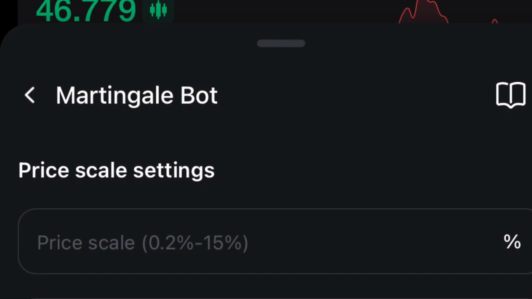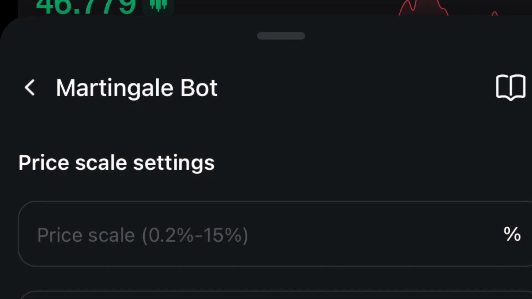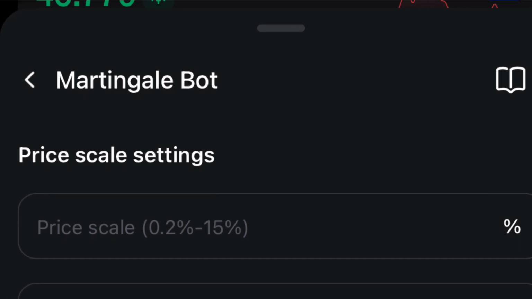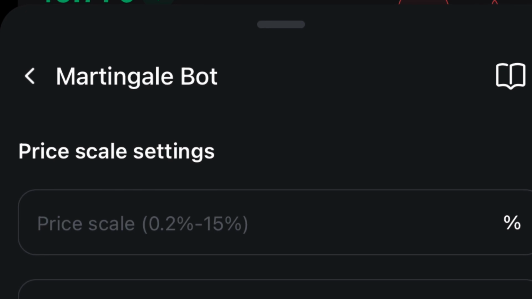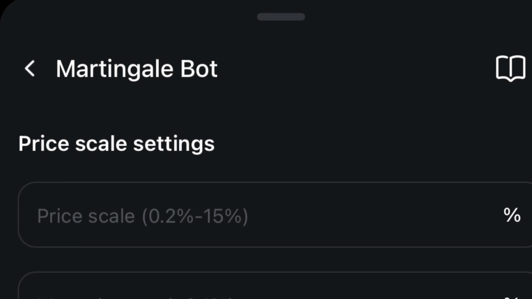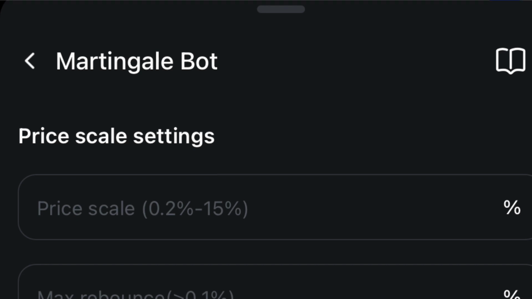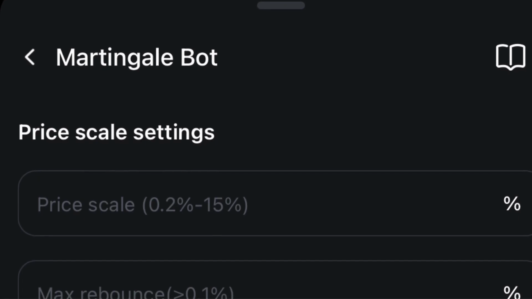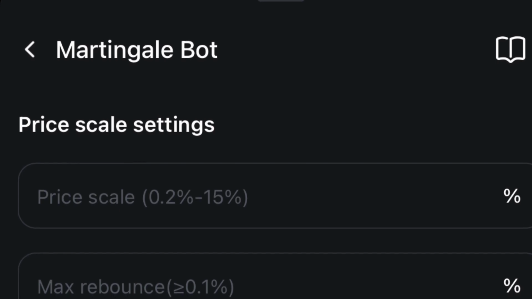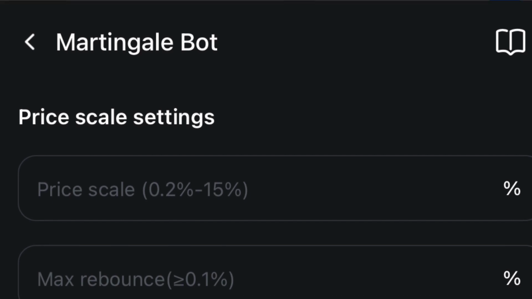Now, this is for the trailing martingale. The max rebound is what applies once that has started. Once you hit that 1%, the max rebound is very similar to the trailing buy.